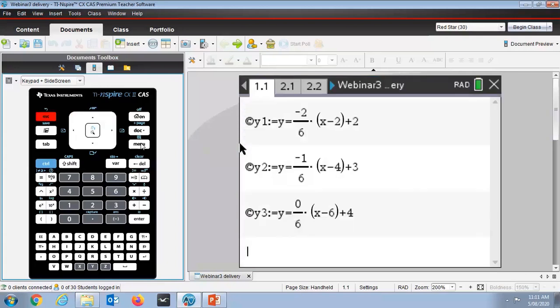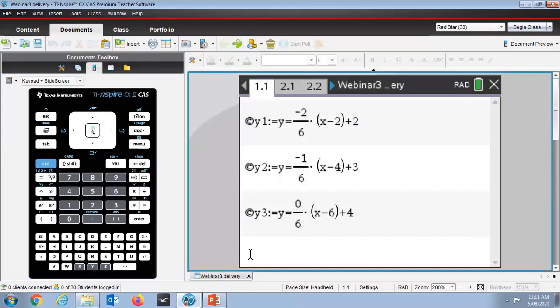So I'm just going to clear all that out, and we're on the calculator page now. And the first thing I'm going to do is to show you a way to use the calculator to find out where line Y1 intersects with line Y2 in a way that you might have done this, or that you might be asked to do by your teacher, which is doing it completely by hand.